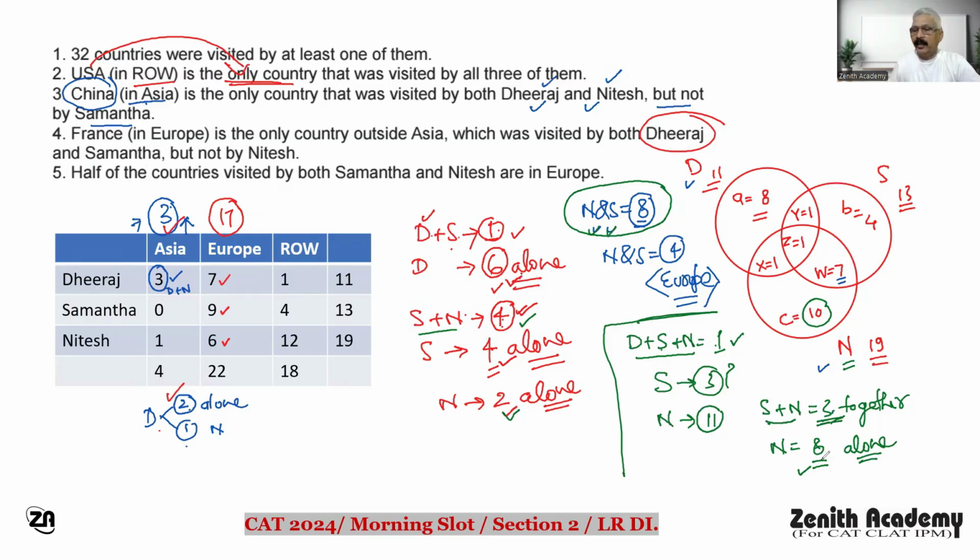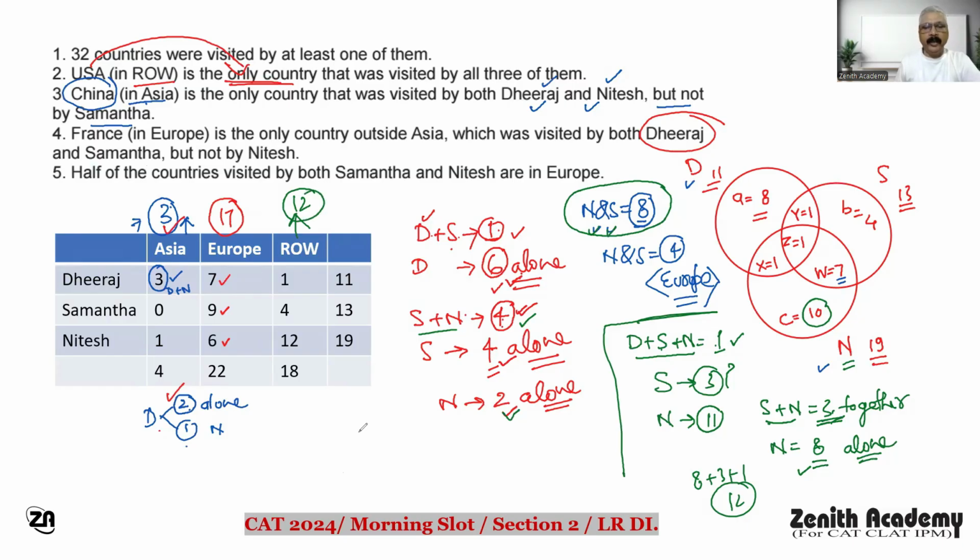And 8 countries in the rest of the world where Nitesh is visiting alone. So the total number of countries in the rest of the world will be 8 plus 3 plus 1 is 12. So in the rest of the world, there are 12 countries.